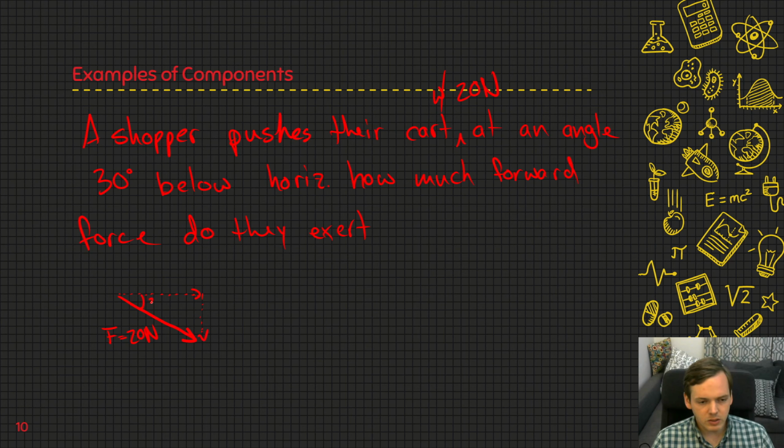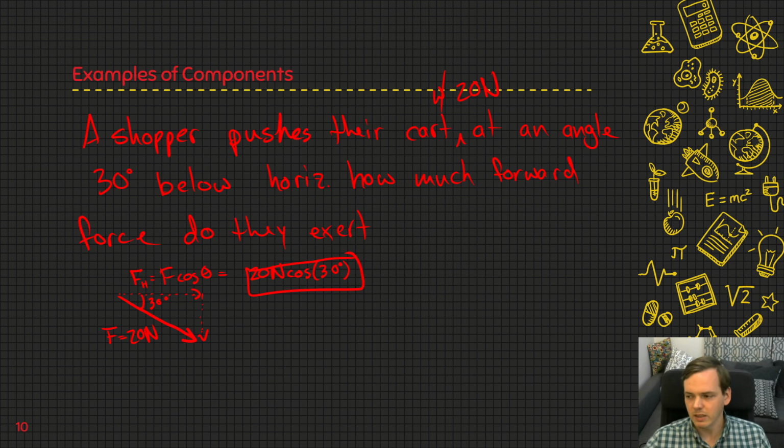And we know that it's 30 degrees below horizontal. So the horizontal force will equal F cosine theta, which in other words is going to be 20 newtons times cosine of 30 degrees. So whatever that is, you can work that out. But here's an example of just breaking it into its components.